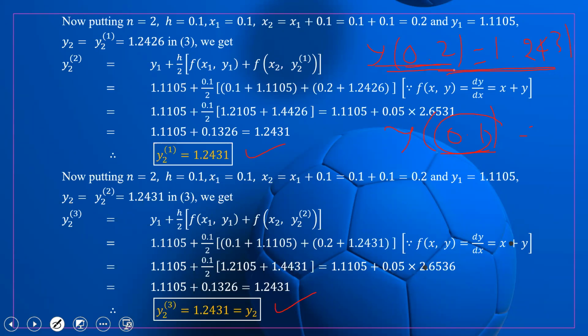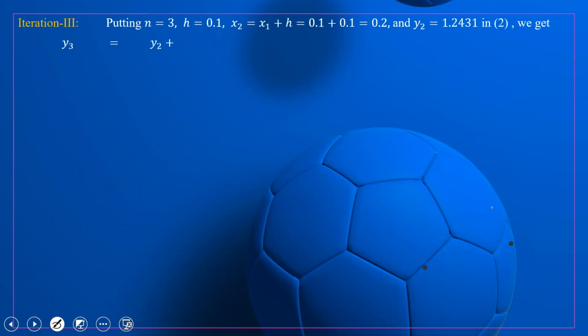Okay, but now we have to calculate the value of y at 0.3. So we again take one more iteration. Let us take the iteration number 3. So putting n equal to 3, h is equal to 0.1, x2 is equal to x1 plus h, means 0.1 plus 0.1 is 0.2.